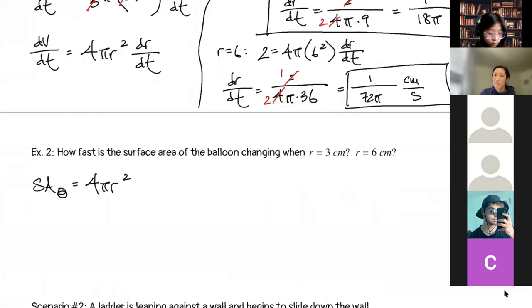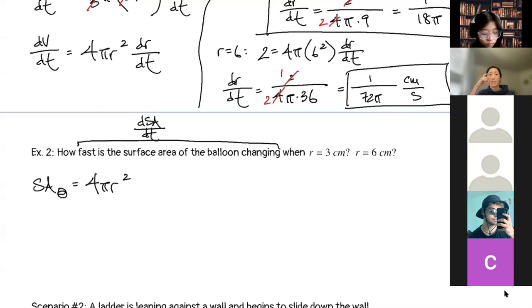Now, if someone is asking me how fast that surface area is changing, they are asking me for the change in surface area with respect to time. So if we translate that in our head, when someone says, how fast is the surface area of the balloon changing? They're saying, we would like the derivative of surface area, please.